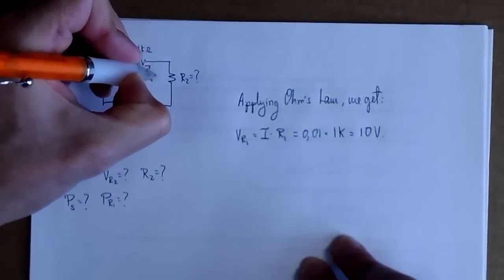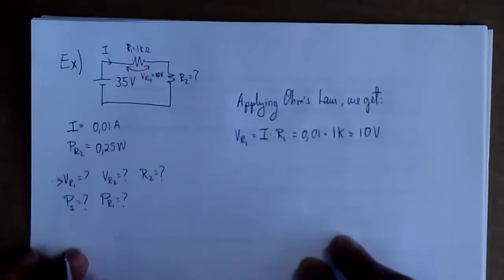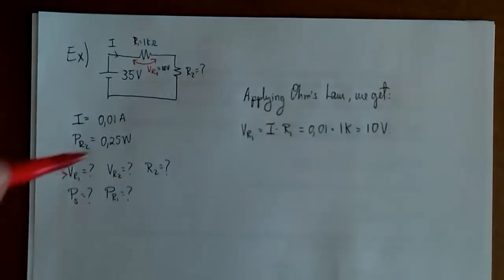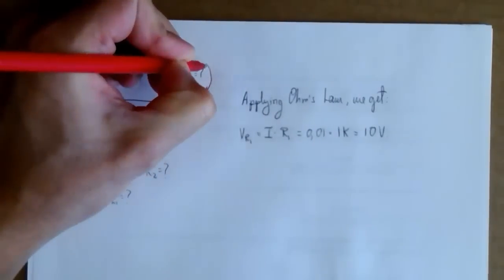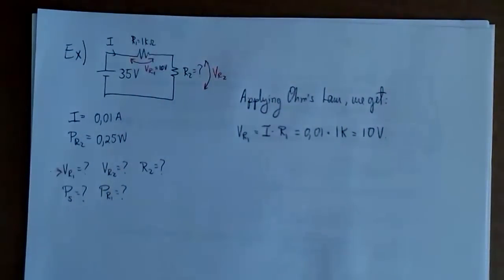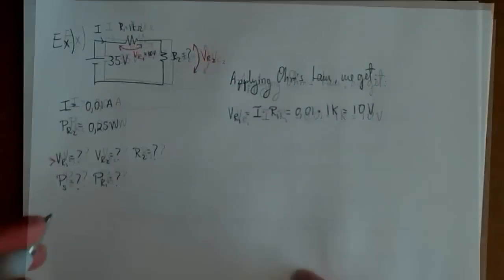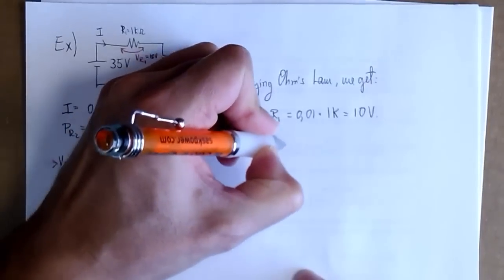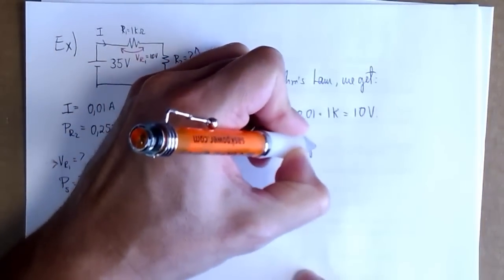Now, we have 10 volts being dropped across R1, and we want now to find the voltage across R2, and that voltage is this one here, the voltage across the terminals of R2. So one way of doing this is by applying Kirchhoff voltage law, KVL.